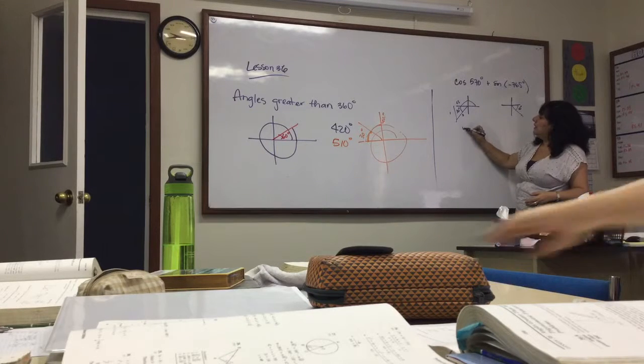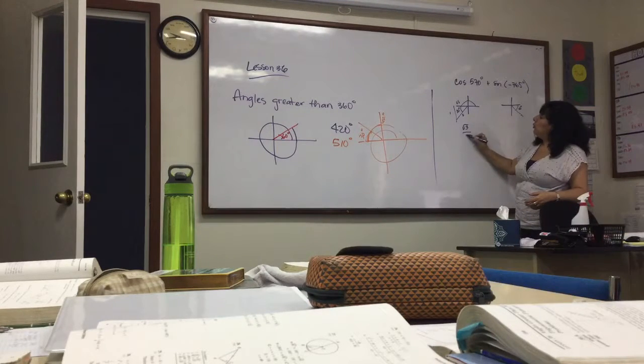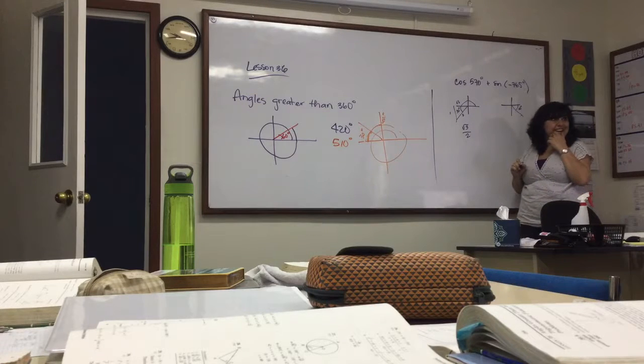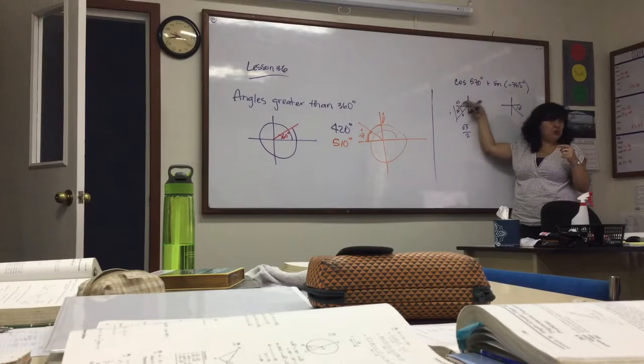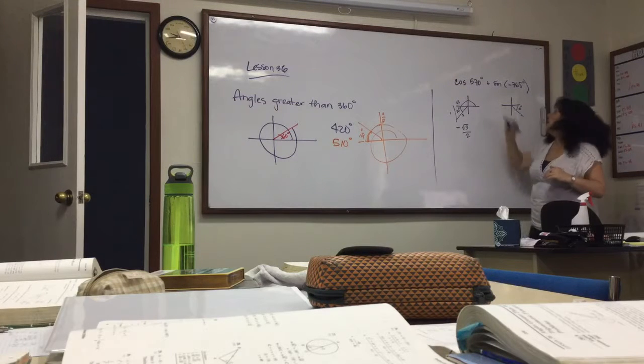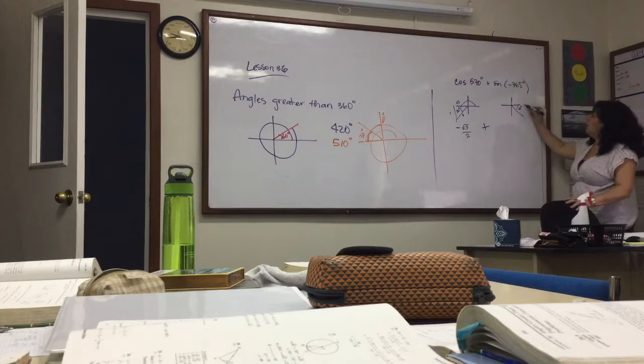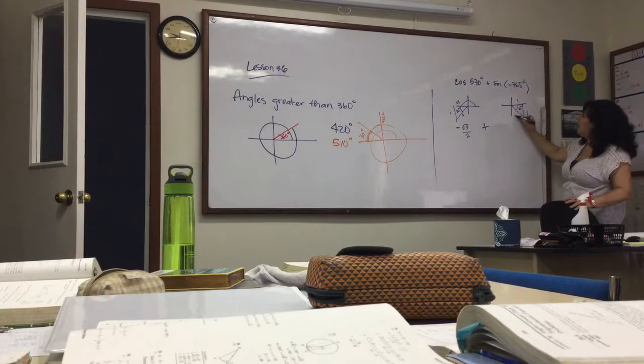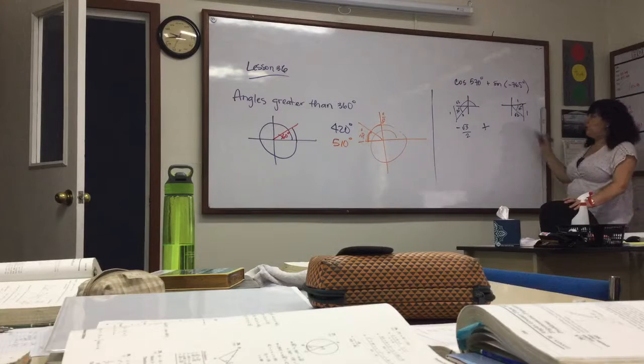Adjacent square root of 3 over 2. Positive or negative? Negative, because it's on the negative side of the x. Plus, here, sine. This is 45, so this is 1, this is 1, and this is square root of 2. 1 over square root of 2, but it's sine, so it's a negative.